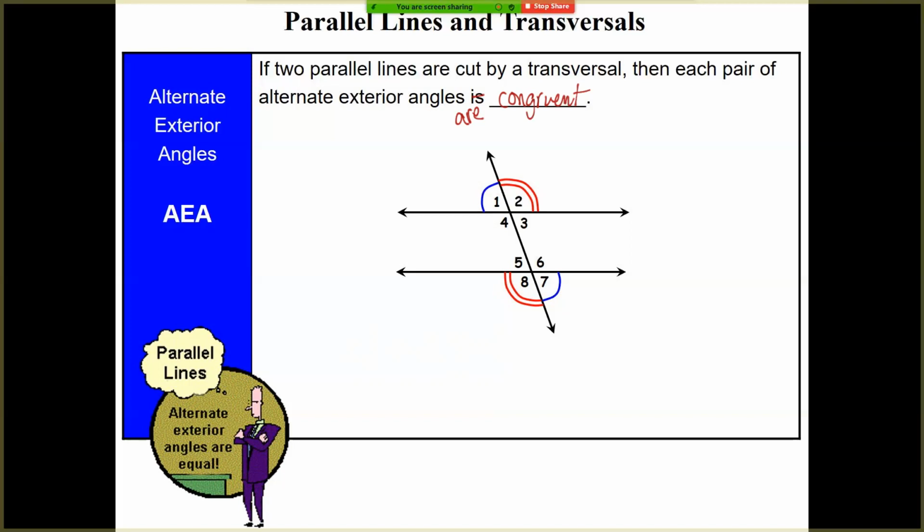So here we know that angle 1 is congruent to angle 7, which means if angle 1 is 80 degrees, then angle 7 also has to be 80 degrees. If angle 2 is 100 degrees, then angle 8 also has to be 100 degrees. So that's alternate exterior angles.